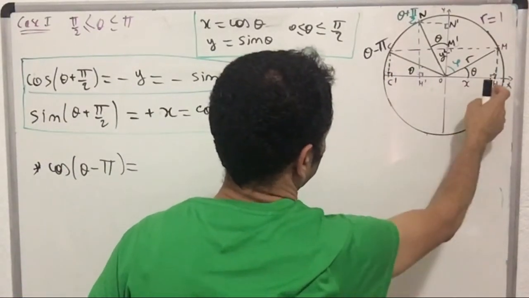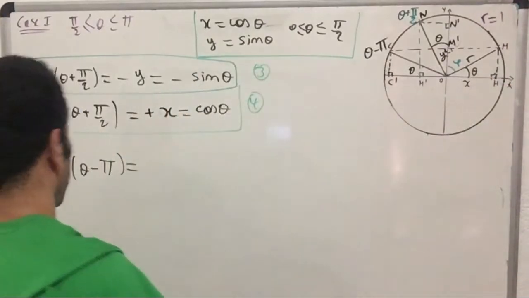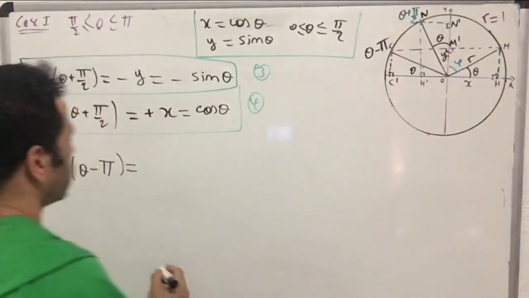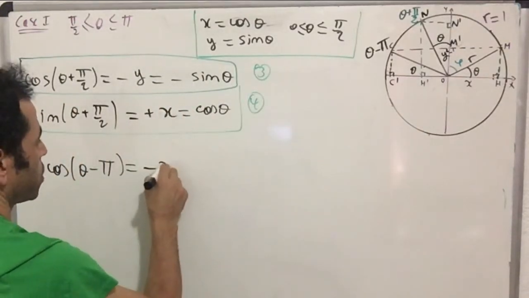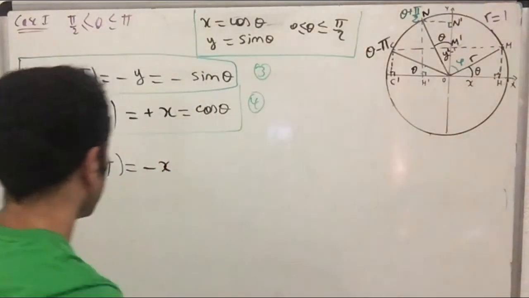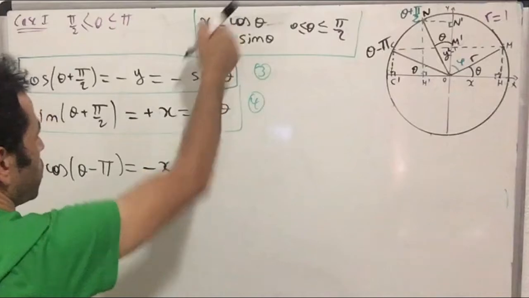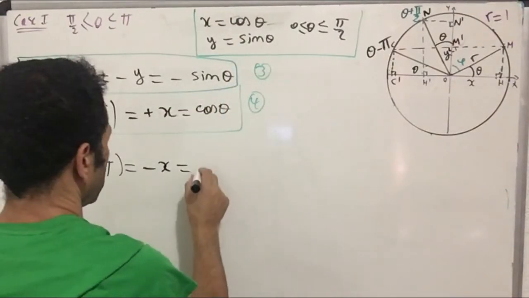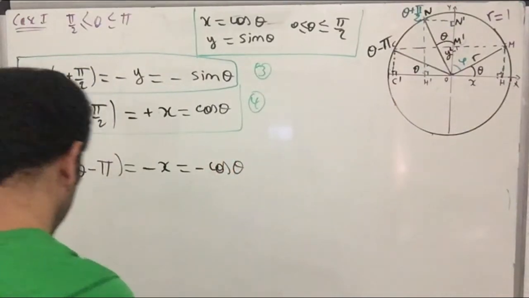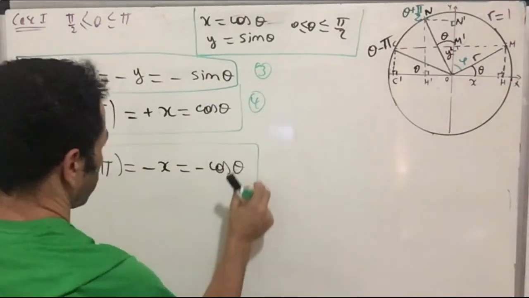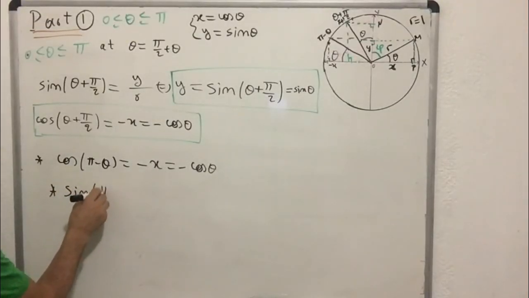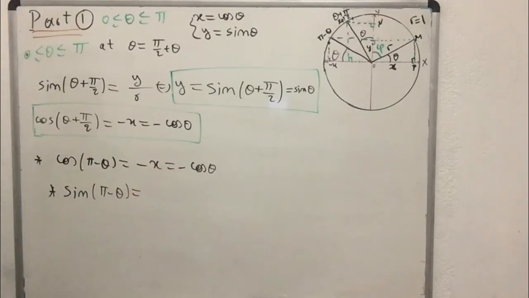So cosine of theta minus pi equals OC prime, which equals x, but minus x because it's located in the negative area. We already calculated x equal to cosine theta, so it equals minus cosine theta. Now I established the fifth equation.